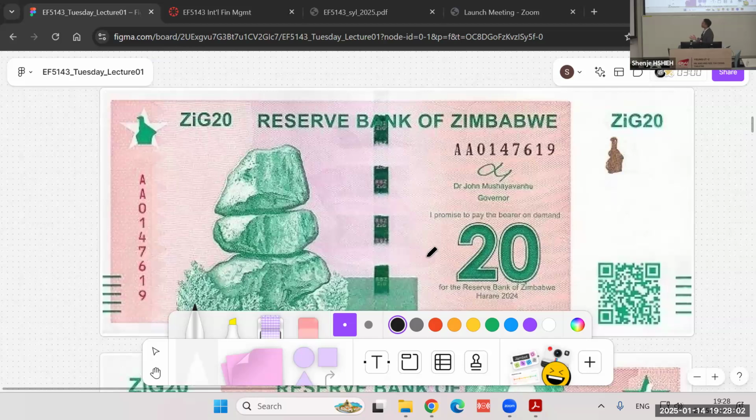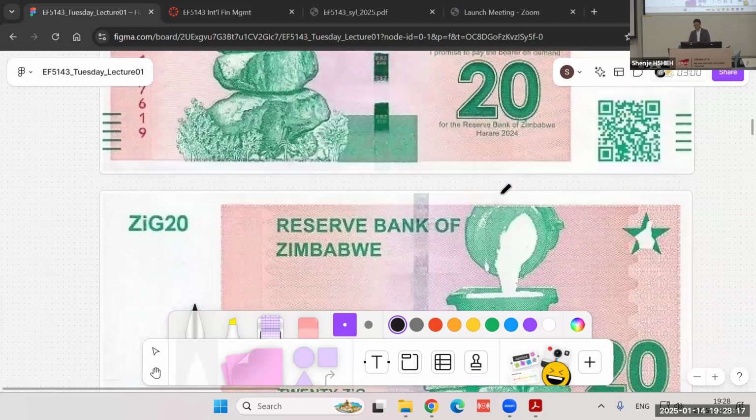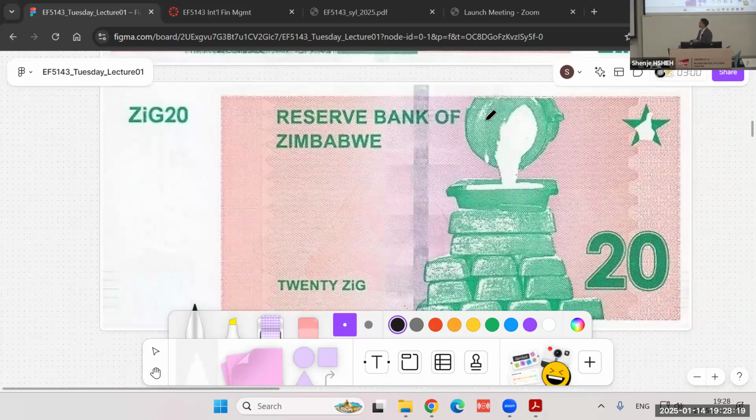So I'm assuming everybody knows Zimbabwe, right? Zimbabwe, hyperinflation, currency totally worthless. You go on the streets, you have money littered everywhere. And so in order to address that, they decided to peg their currency, now called the ZiG, to gold. And you can even see that on the back of the currency where they're melting gold into gold bars. Okay, so clearly it's a currency backed by gold.